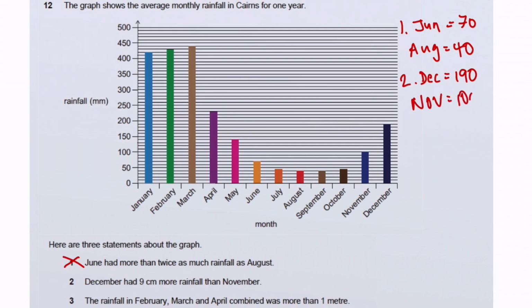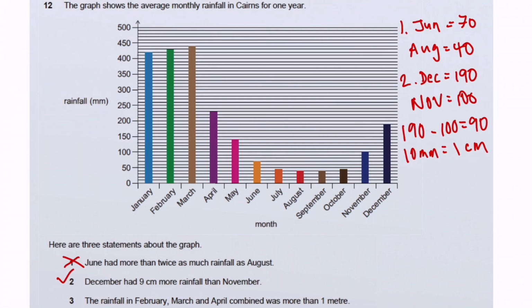So we can write 100. And to find how much more rainfall December had in comparison to November, we can subtract. So we have 90 millimeters more. And if we convert it to centimeters, we get 9 centimeters, because there are 10 millimeters in 1 centimeter.